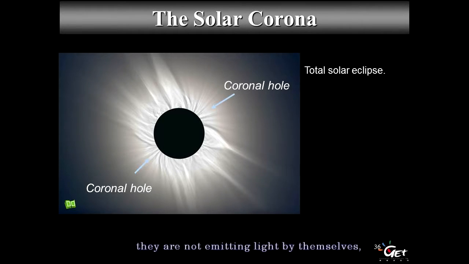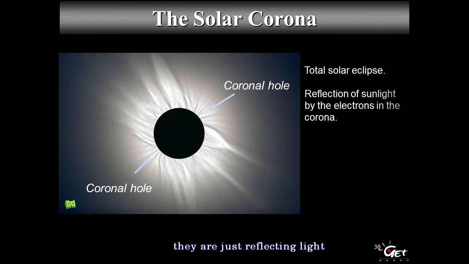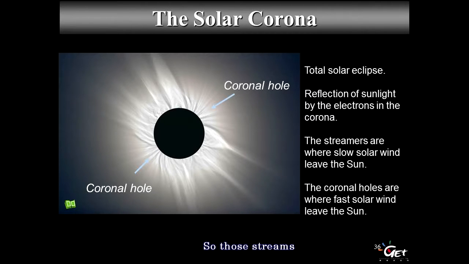Actually, they are not emitting light by themselves, they're just reflecting light coming from the sun. Okay? So these very, very low density, high speed particles are reflecting light from the sun and coming towards us. So those streams are slow solar winds that leave the sun.